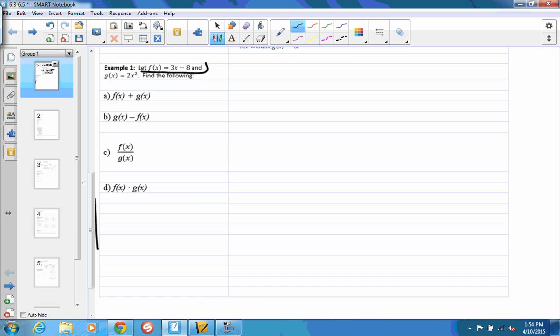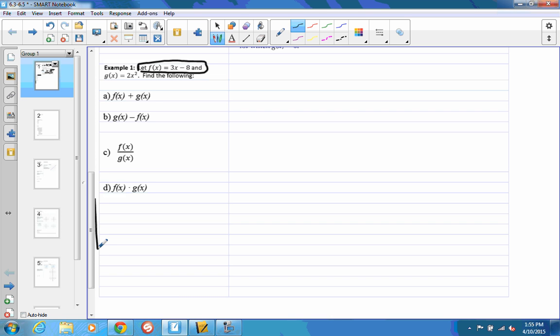So, guys, this is a lot like what problems will be in your book, on your homework, on tests and quizzes. They will define two functions, an f function and a g function, and they'll want you to perform operations. So, question 1, A, B, C, and D. Let f of x equal 3x minus 8, and g of x equal 2x squared. Find the following.